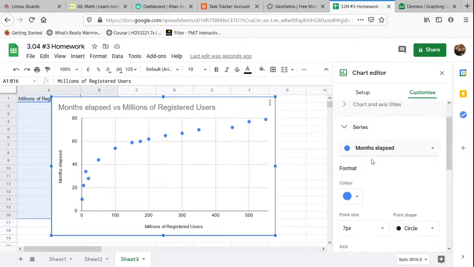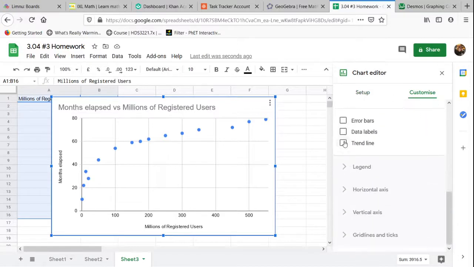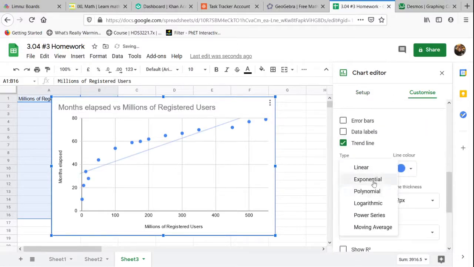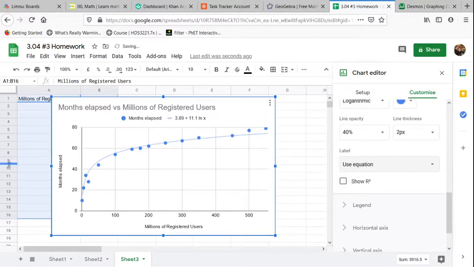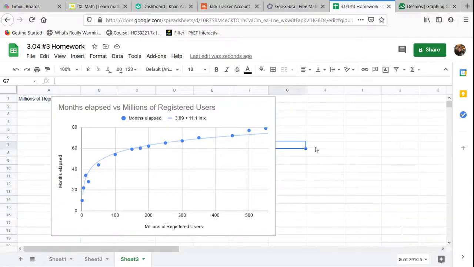We will customize the series by putting in our logarithmic trend line, using the equation as a label. So there's our equation: 3.89 plus 11.1 times the natural log of x.